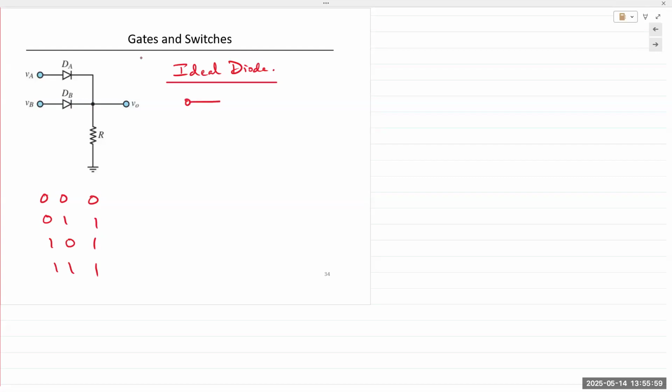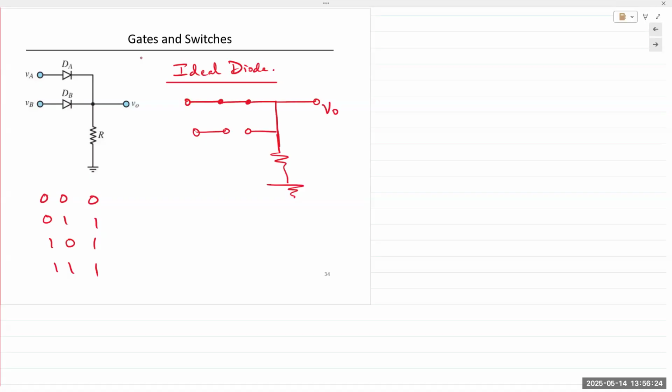Oh, actually, this should be connected like this, and this remains off. Okay, and this is your V out, VO. So if I'm ignoring 0, 0, because if it's 0, 0, then both diodes are off, output is 0, right?